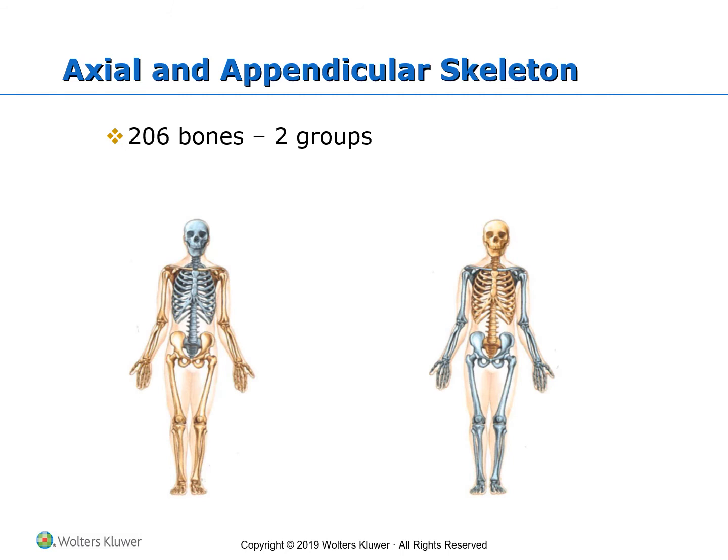Let's discuss a little bit the differences between axial and appendicular skeleton. So again, we have 206 bones, and we can group them in two groups.